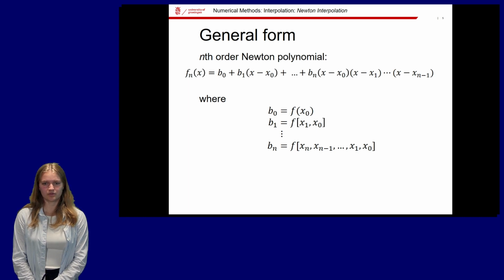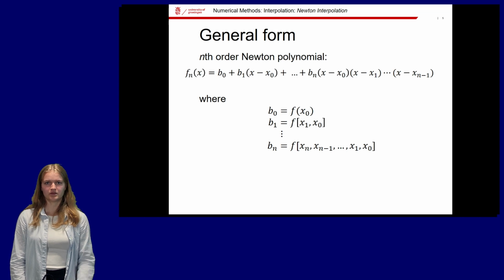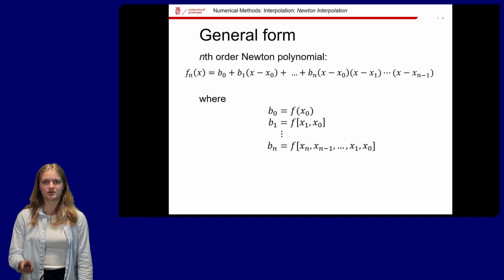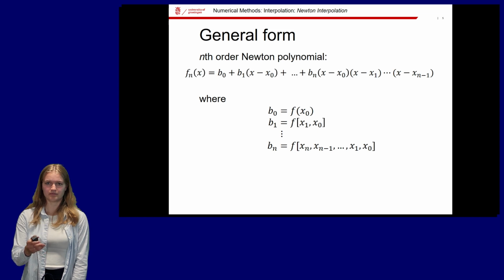So now we can write a general form for the Newton polynomial. So the nth order Newton polynomial, fn of x, is going to be given by this summation, where the b's are coefficients, and they are given by the following expressions.